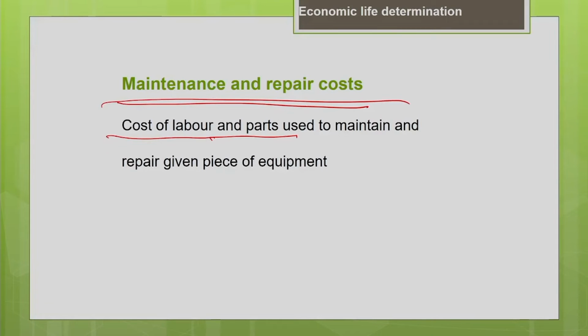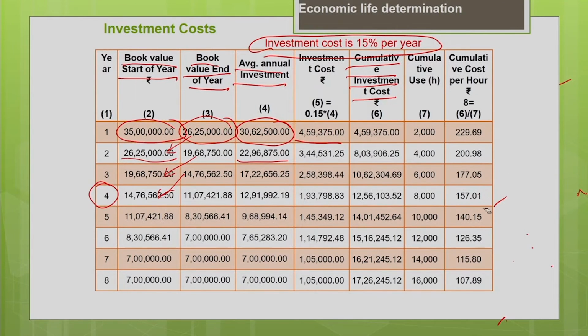As you know, with increase in the age of the machine, the maintenance and the repair cost will increase. But in the previous table, do you remember? The investment cost, you can see with increase in age of the machine, your cumulative cost per hour is decreasing, as I told you the reason.